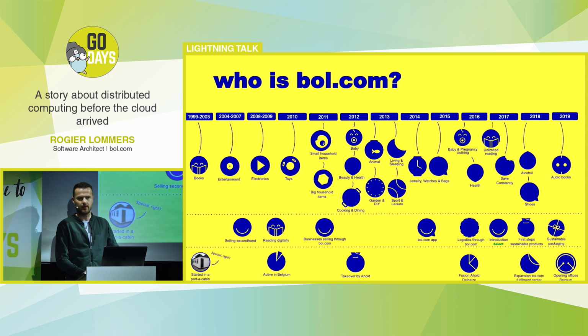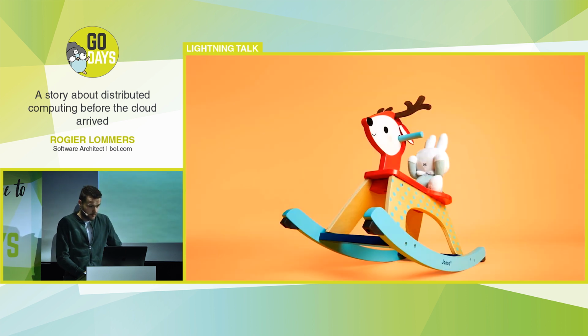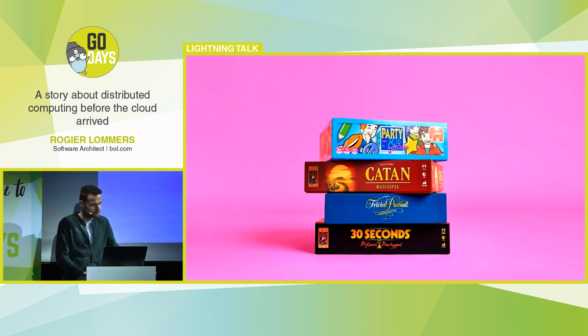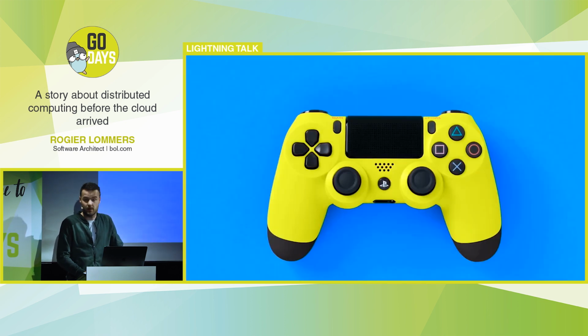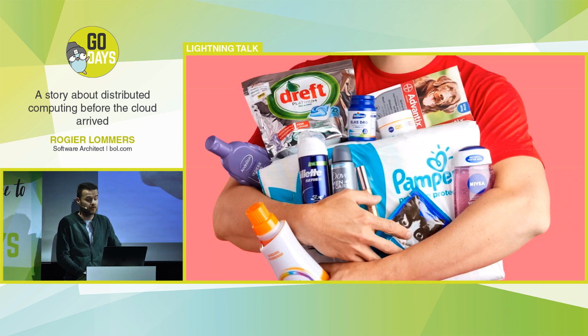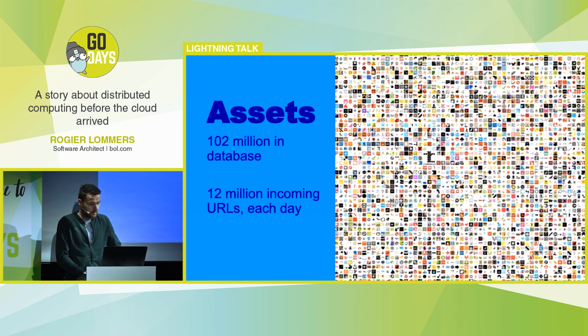So we were basically a platform where other people could sell their second-hand stuff and new products as well through our website. Today we have around 20,000 partners who sell their stuff through bol.com. So if you want to buy a game, or a game console, or maybe even domestic products, we sell them.